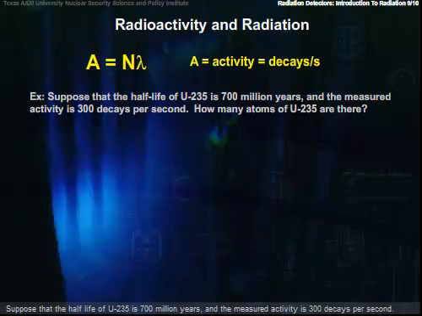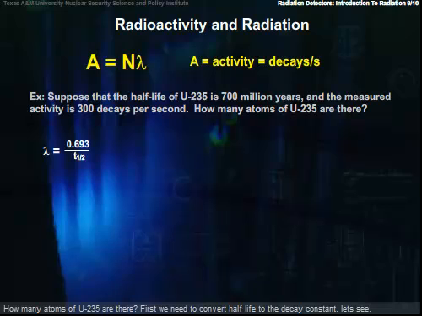Suppose that the half-life of U-235 is 700 million years, and the measured activity is 300 decays per second. How many atoms of U-235 are there? First, we need to convert half-life to the decay constant. We know that lambda is equal to 0.693 divided by the half-life.